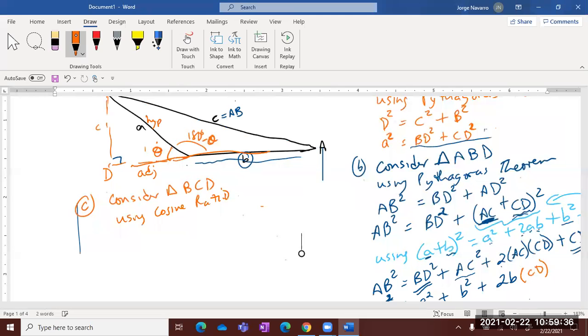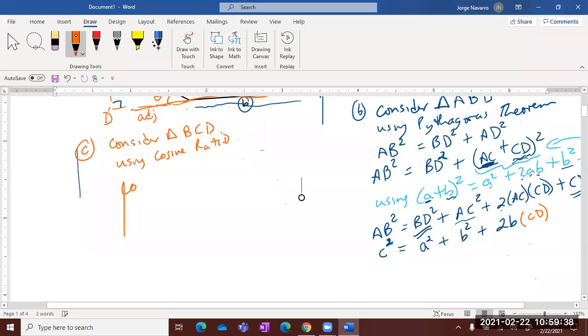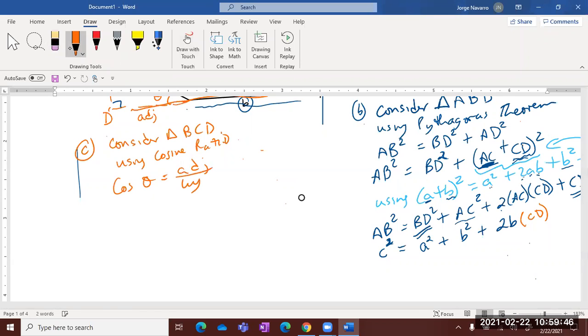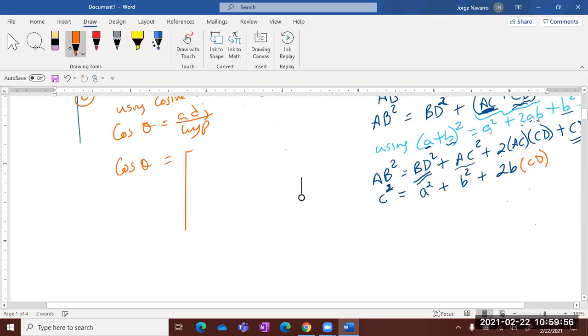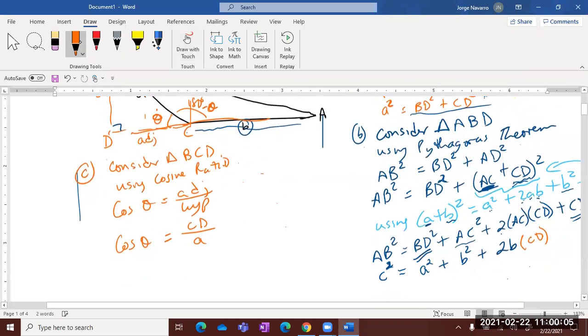And the cosine ratio says that the cosine of theta is adjacent over the hypotenuse. So that means that the cosine of theta, the adjacent is CD, and the hypotenuse, we found it to be A. Yes?